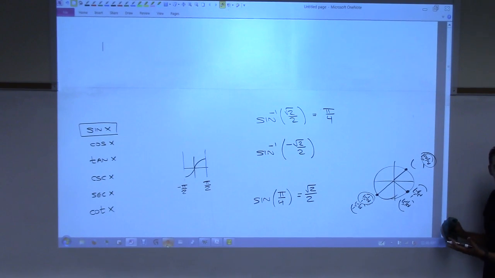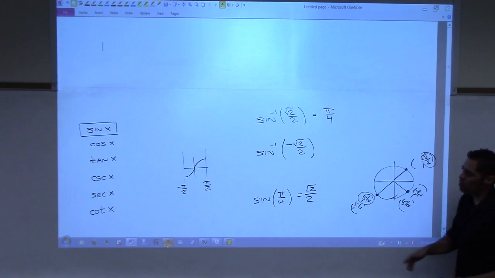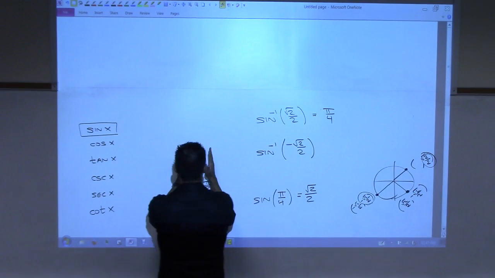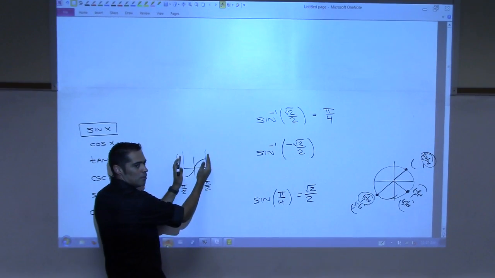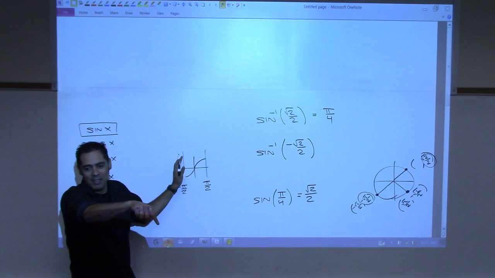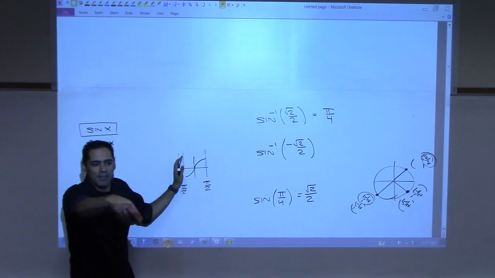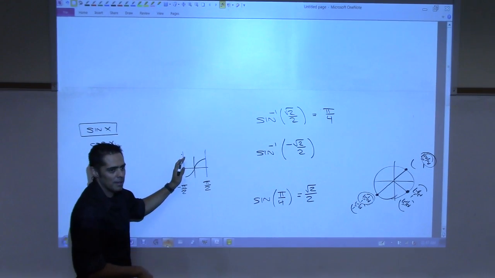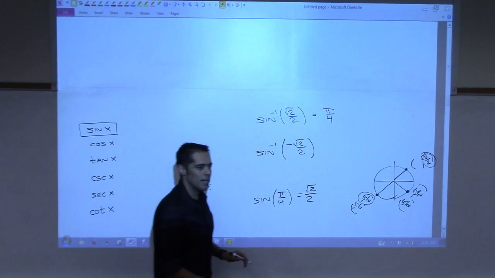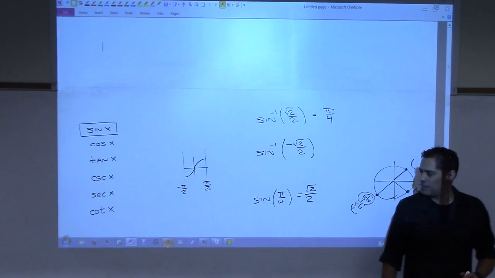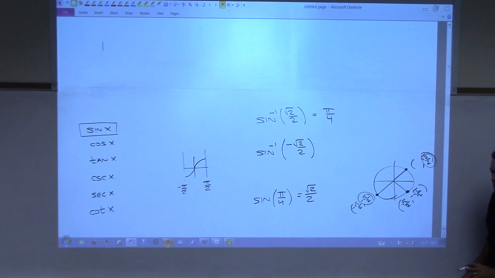Both? Can't be both or else it's not a function. It can't go to both places. That's the whole reason we cut it off. Because we need to all go back to the same answer. We can't have one person have it be one thing and another person have it be something else. No, that's general solutions of trig equations. No, that's not that.